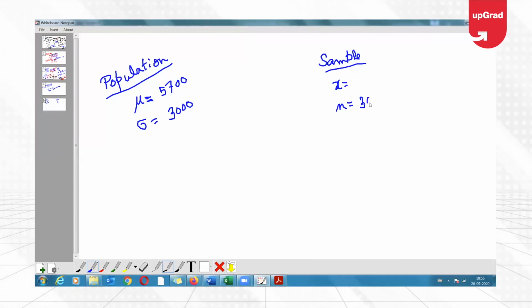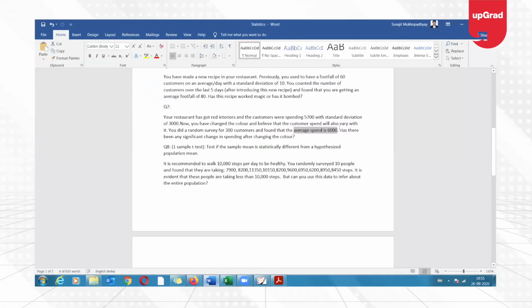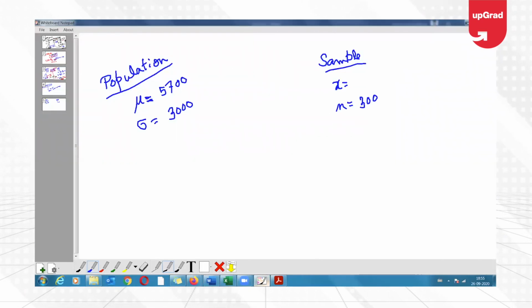So n is 300 and my x bar is 6,000. Now let's write down the null and the alternate hypothesis.